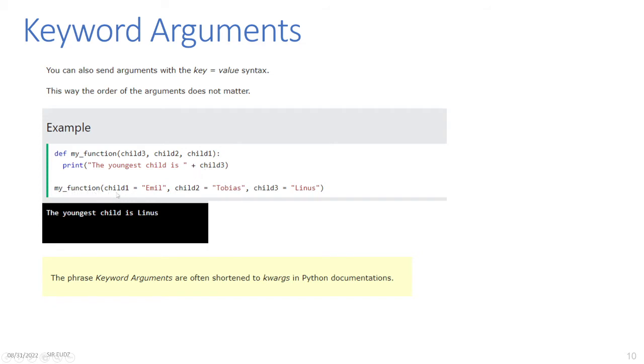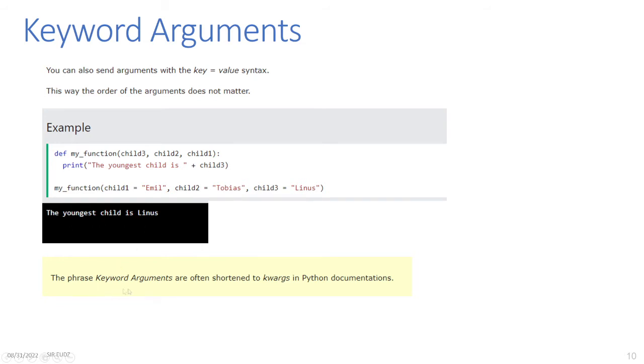So my_function(child1 = "Emil"), here we have a key equals value. child2 = "Tobias", then child3 = "Linus". Although child3 is the first parameter, since we have specified the key, we can place Linus as the third argument. So the youngest child is Linus.